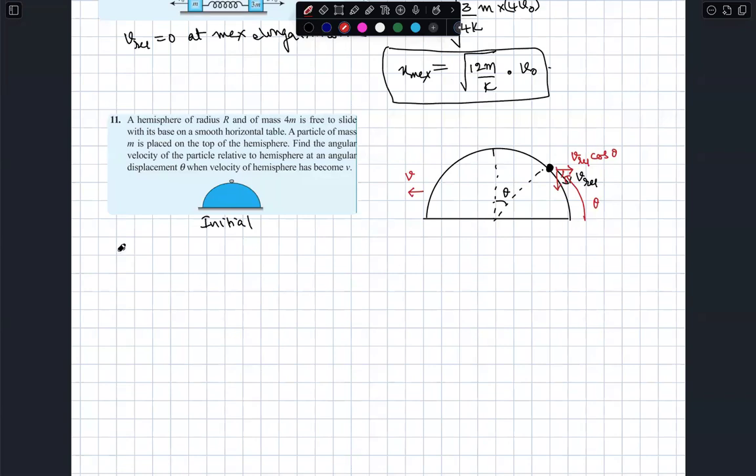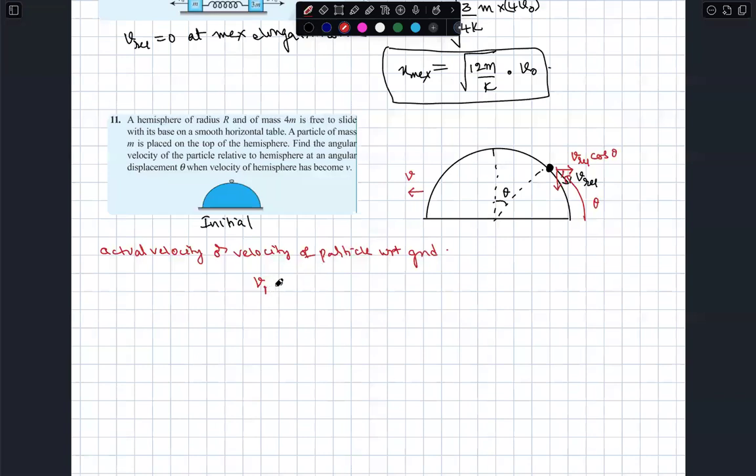Now see, the actual velocity of the particle with respect to ground.